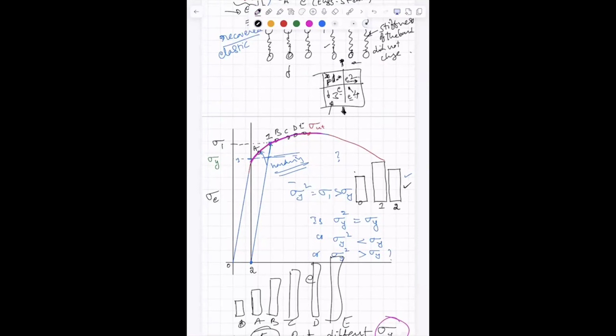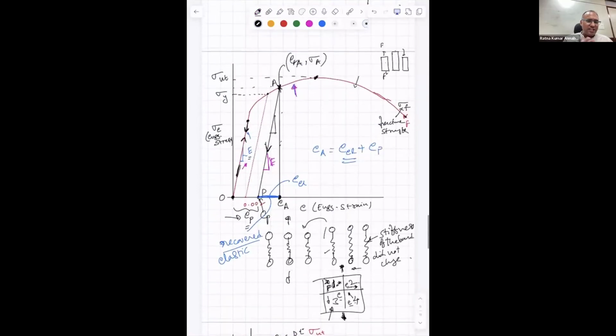In this graph, where is the yield point? 0.2% offset, yeah, this is my yield point. It is actually for material which does not have a specific yield point. Any material, once it goes beyond the yield point, when you unload it, its yield strength will be more than what it was to begin with.